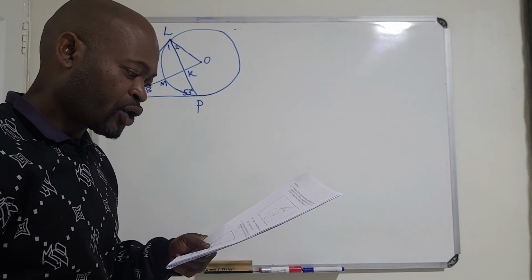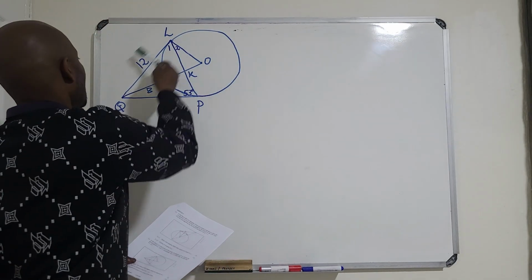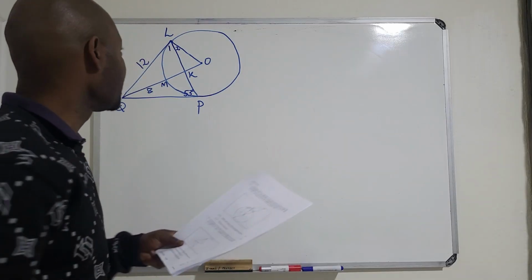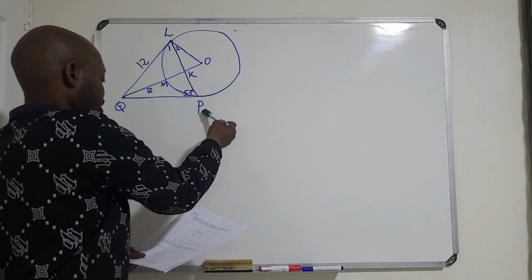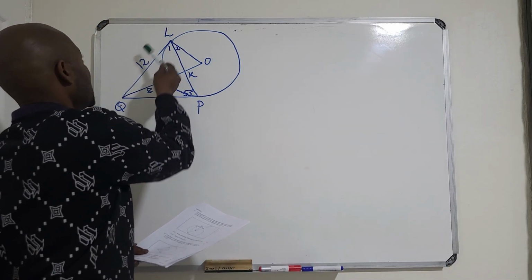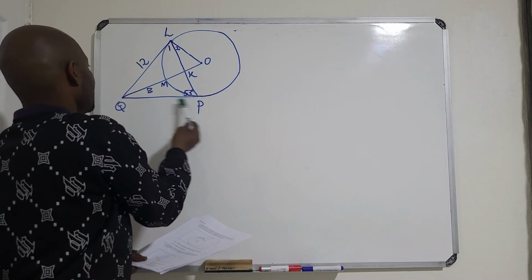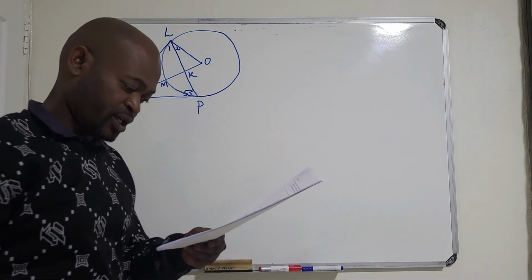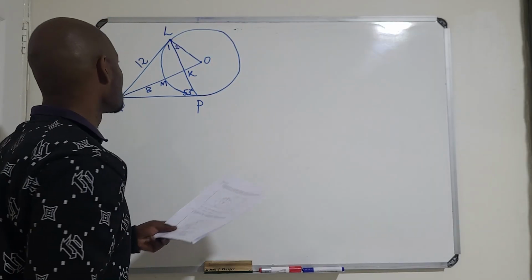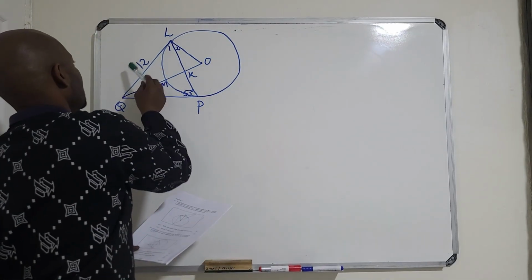Now, LQ and PQ are tangents at L and P, respectively. Obviously, LQ is a tangent at L and PQ is a tangent at P. Now, LQ is equal to 12 units.